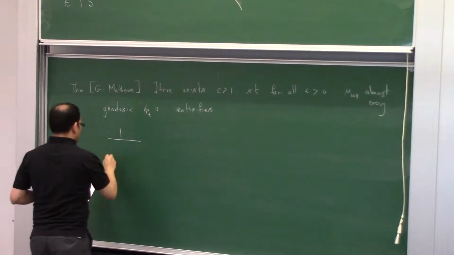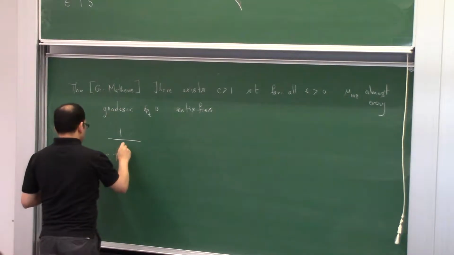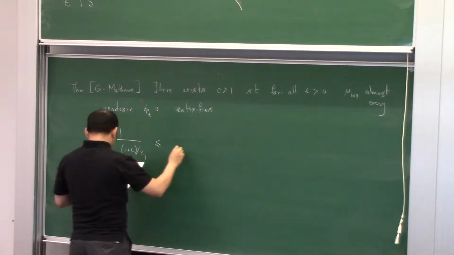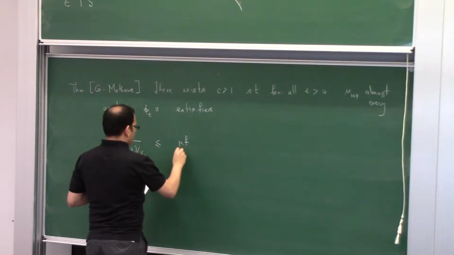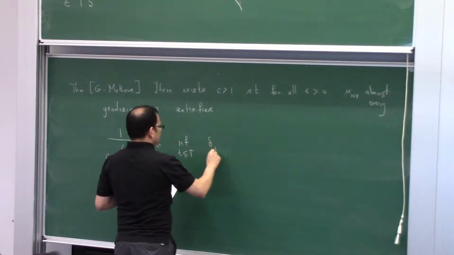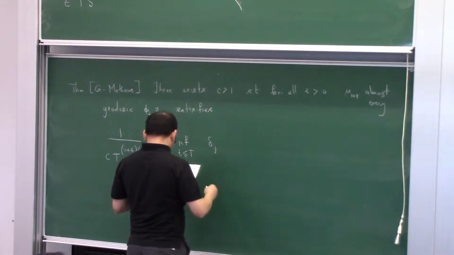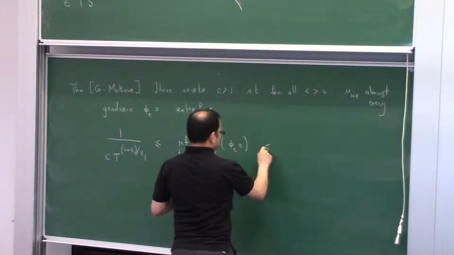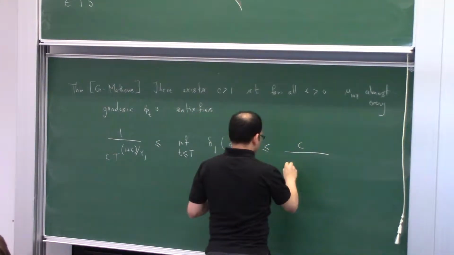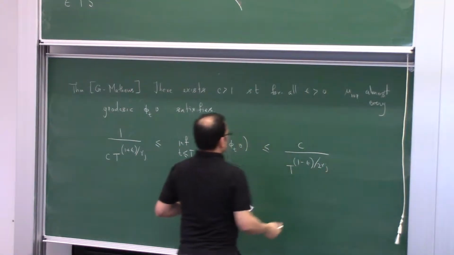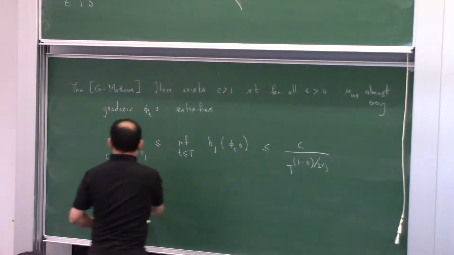It satisfies 1 over C times T to the power of (1 plus epsilon) over r_j, less than or equal to the infimum over t less than T of delta_j, the distance to the cusp, of phi_t of V, which is less than C over T to the power of (1 minus epsilon) over 2r_j, for all T larger than some threshold.